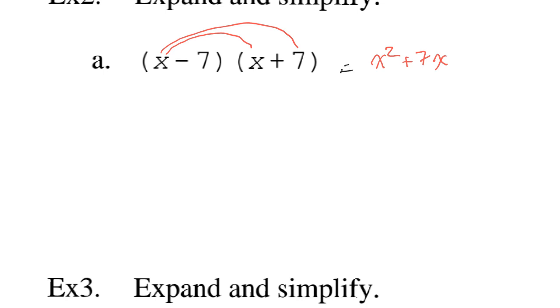Okay? And then we're going to take this and this. So we've got minus 7 times x is minus 7x. And then minus 7 times positive 7 gives us 49, but it's negative 49.